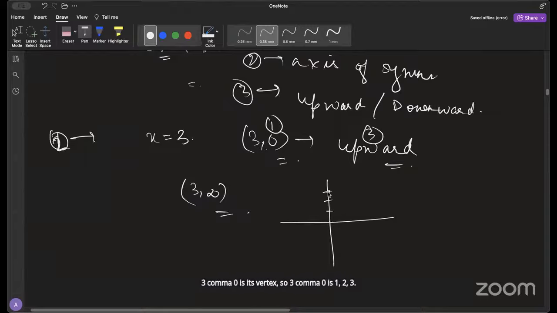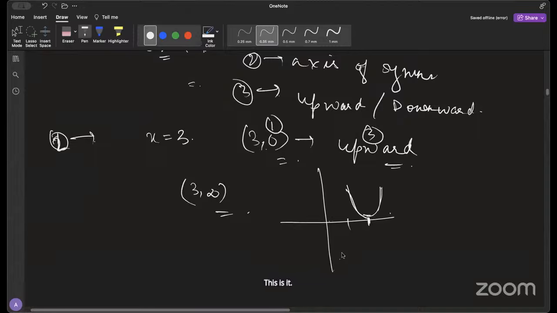It's on the x-axis, and it looks like this. So you have 1, 2, 3, and then this opens upwards.